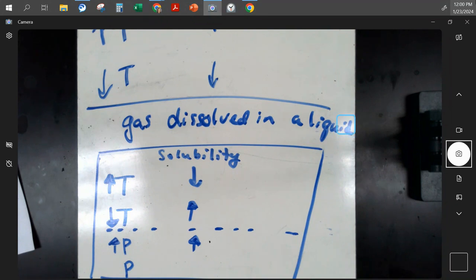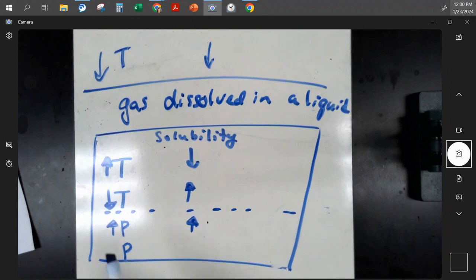They had to pressurize the bottle so it will hold carbonation. And that's why if you open your pop bottle, then you only have a few days before it becomes flat, right? So increase your pressure, increase the solubility of your gas. The opposite is true if you decrease the pressure. So if you open your bottle, the solubility of that gas decreases and the gas will start coming out.